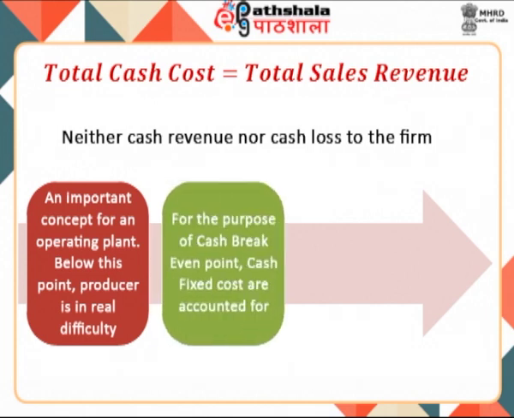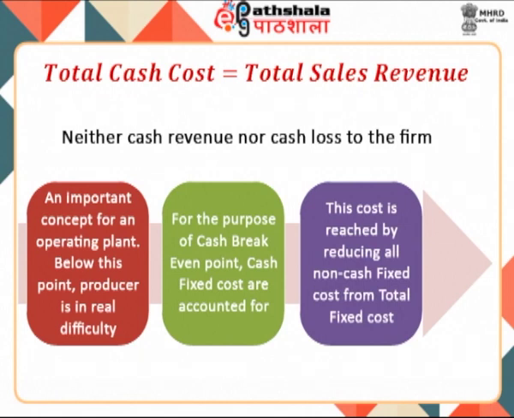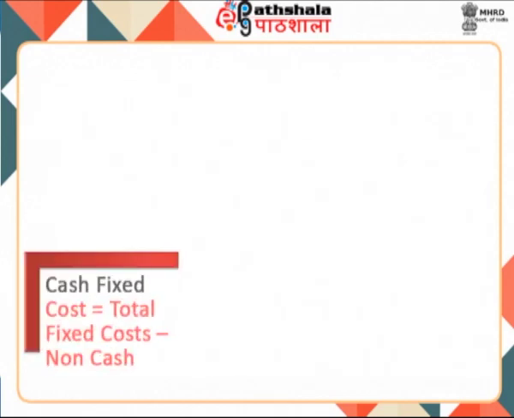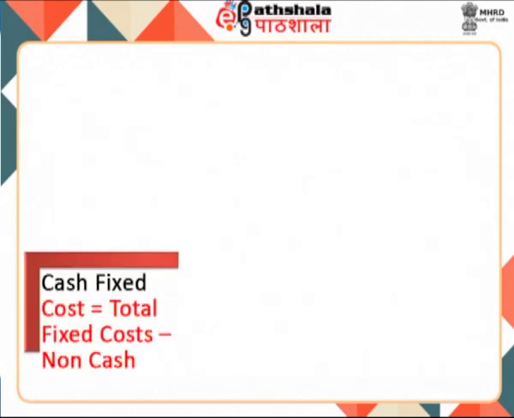For the purpose of cash break-even point, cash fixed costs are accounted for. This cost is reached by reducing all non-cash fixed cost from total fixed cost. The stepwise solution of the problem to calculate cash break-even point has three steps. Step 1. Cash fixed cost is calculated by reducing non-cash cost from the total fixed cost.